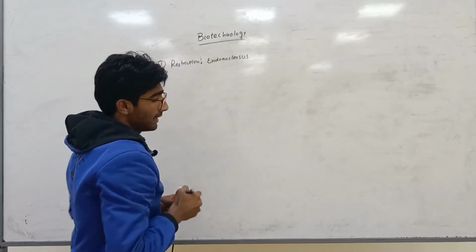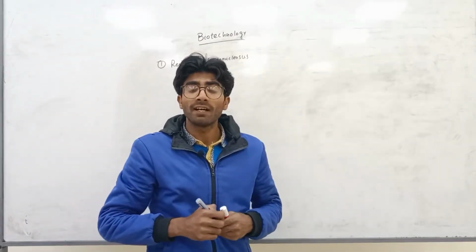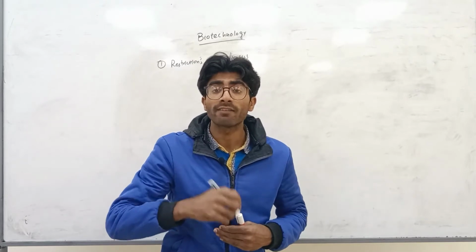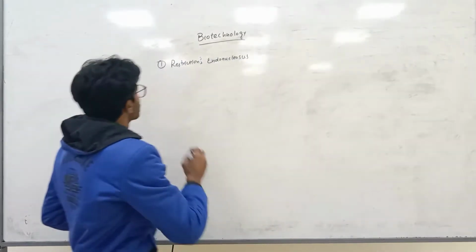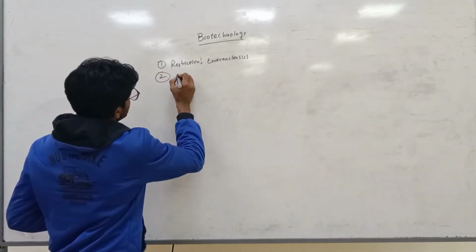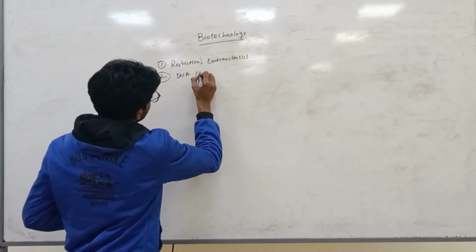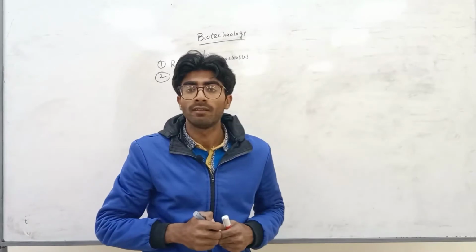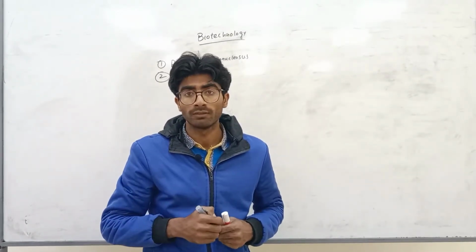In this first step, we cleave the DNA double-stranded molecule into smaller fragments. The second one is DNA cloning, where we replicate the DNA into one or more copies.